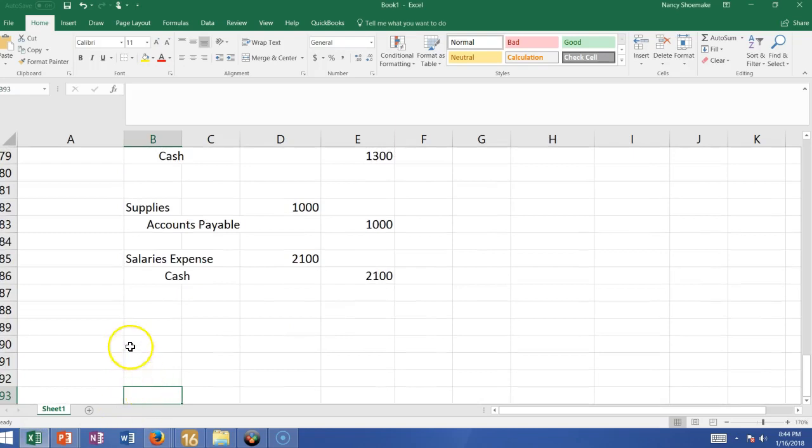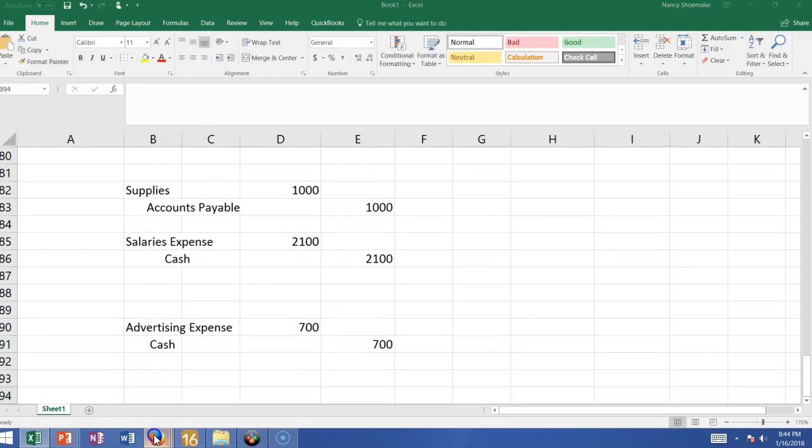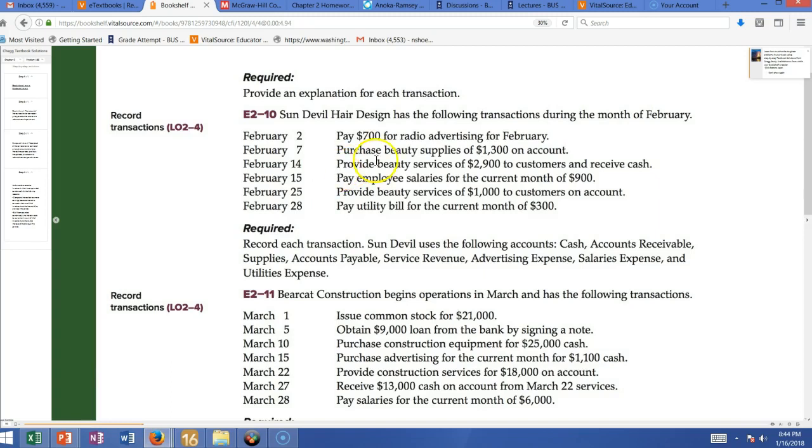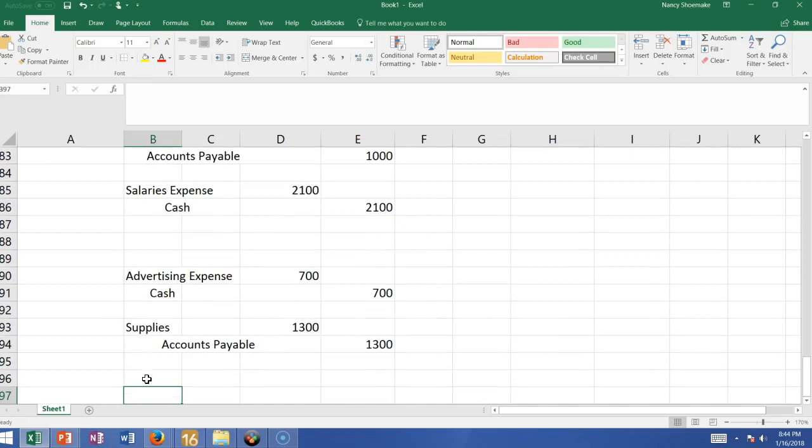So, advertising expense is debited for $700, and cash is credited for $700. Next, purchase beauty supplies of $1,300 on account. Supplies is debited, and accounts payable is credited. Perfect. Got it? Does that make sense?